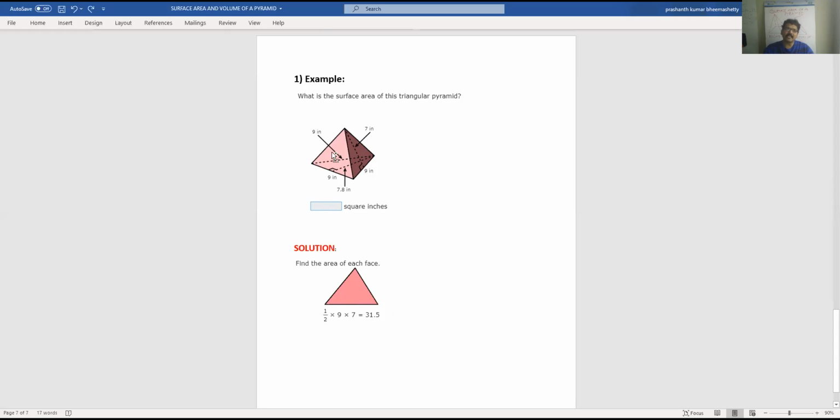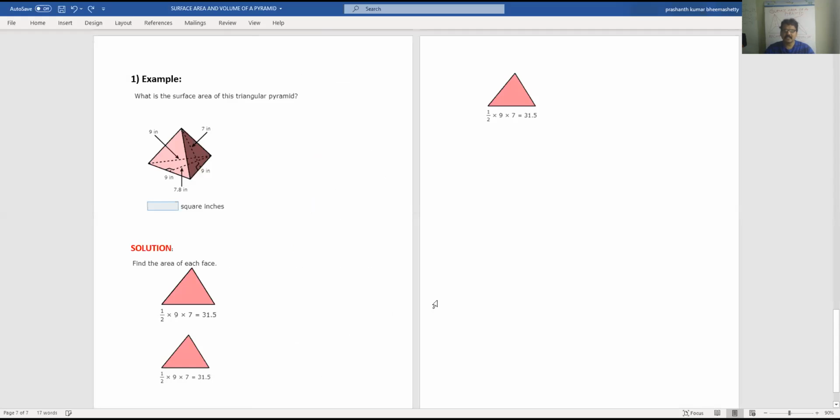And how many triangles do we have like this? 3 triangles, right? There's another one here and another one. So there are 3 lateral faces, each a triangle with an area of 31.5 square inches.